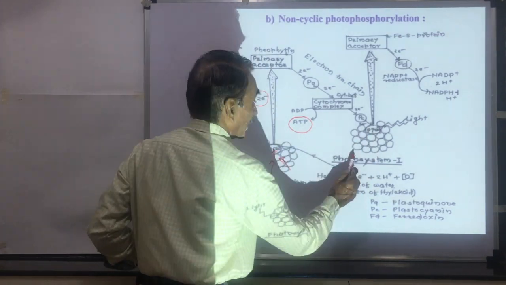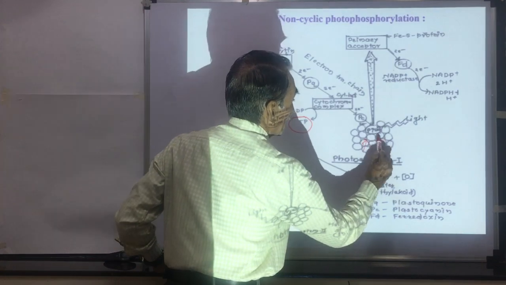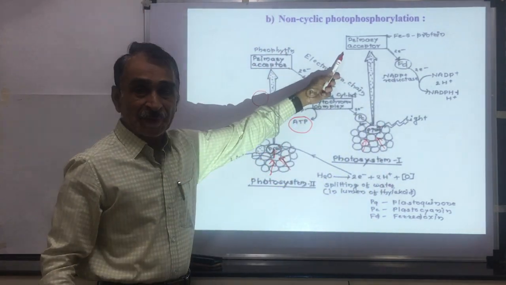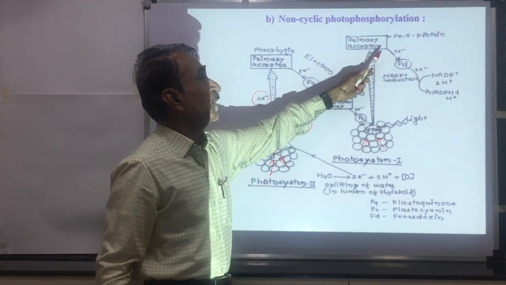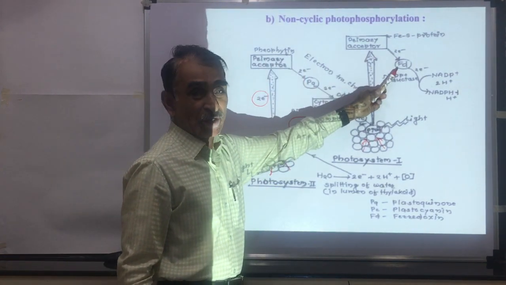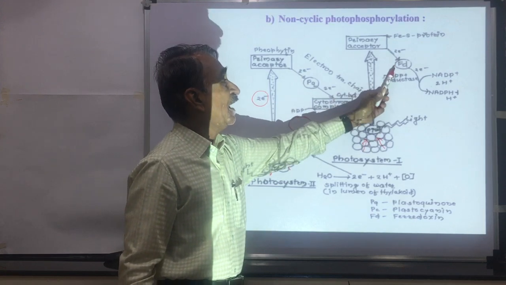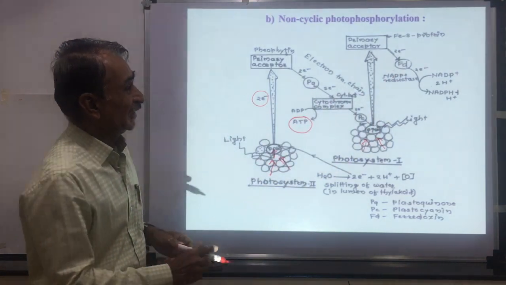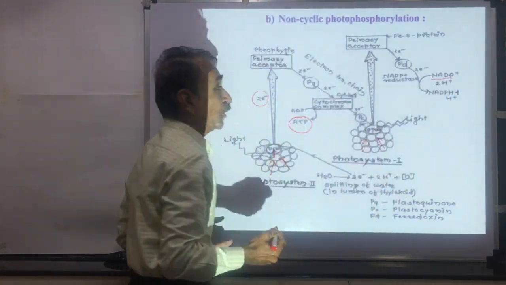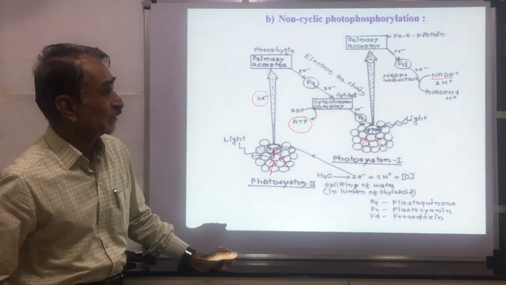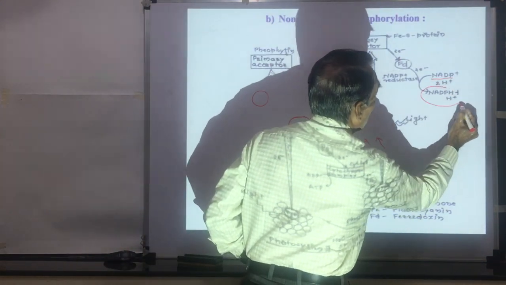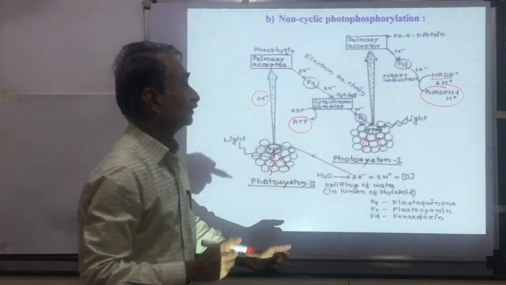P700 is the reaction center. Again it absorbs the light energy. Electrons are given out. These electrons are accepted by the primary acceptor, FeS protein. These are transferred to ferredoxin. FD means ferredoxin. From this ferredoxin, electrons are given to NADP, nicotinamide adenine dinucleotide phosphate, and this is reduced to NADPH.